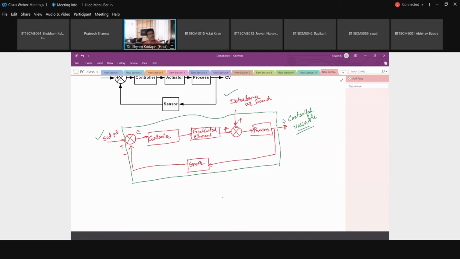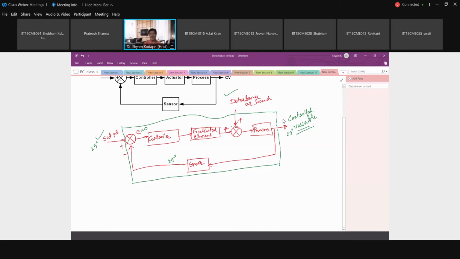At the same time, the temperature of the room will be 25. So I want 25, and the sensor is also sensing 25. Agree? So what will the error be at that time? It will be 0, because my set point is 25. 25 minus 25 will be 0. So no control action is needed.